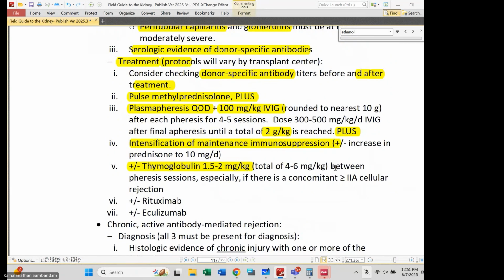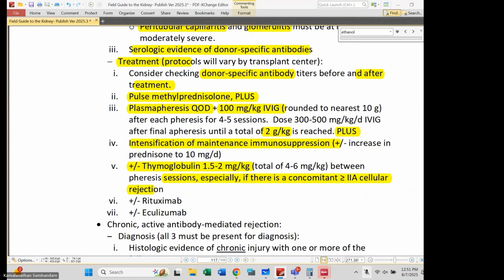Thymo can be given if there's often a concomitant cellular rejection, which is often the case. Pure humoral rejections can occur, and we would typically hold back on our thymo in that scenario, but there can also be overlapping humoral and cell-mediated rejection.